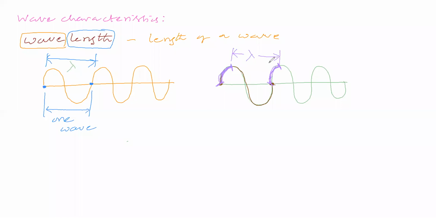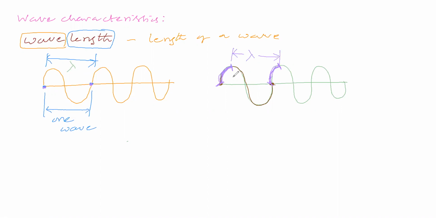From this point to this point, this distance is called wavelength. This point we are cutting, instead we are taking this. So wavelength can be defined as a distance from ear to ear.